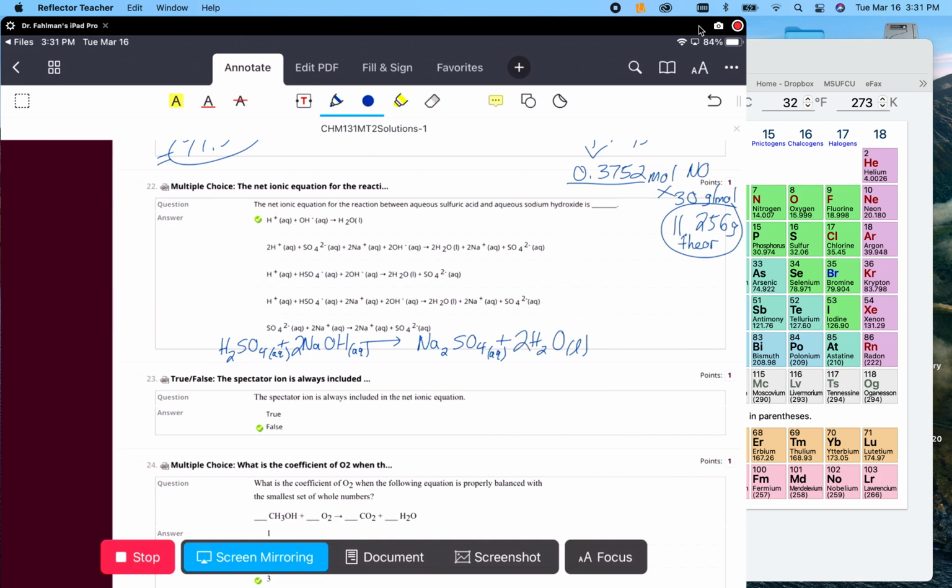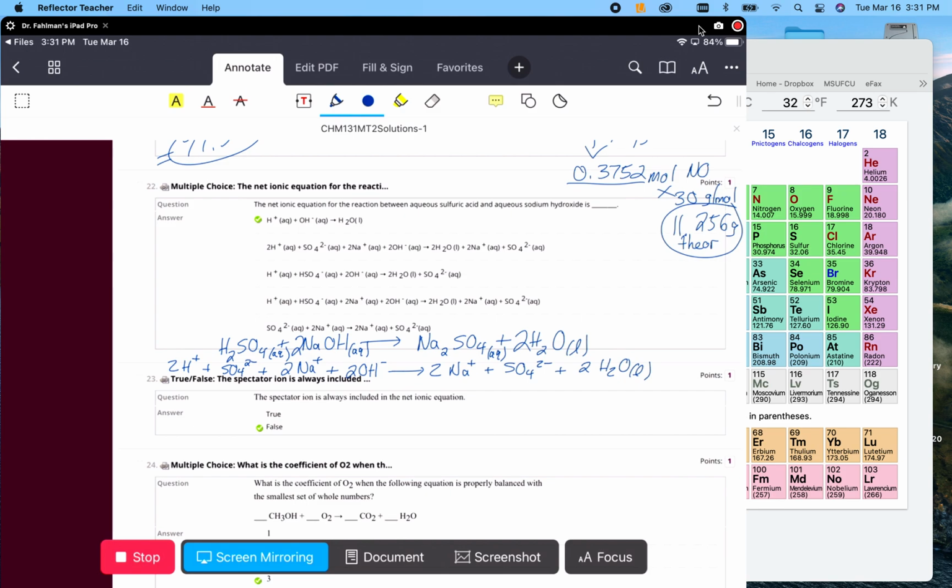Now let's break apart everything with an aq. So we're going to have 2 H pluses plus a sulfate goes to 2 sodiums, 2 hydroxides, then you're going to have 2 sodium, a sulfate, and 2 waters.